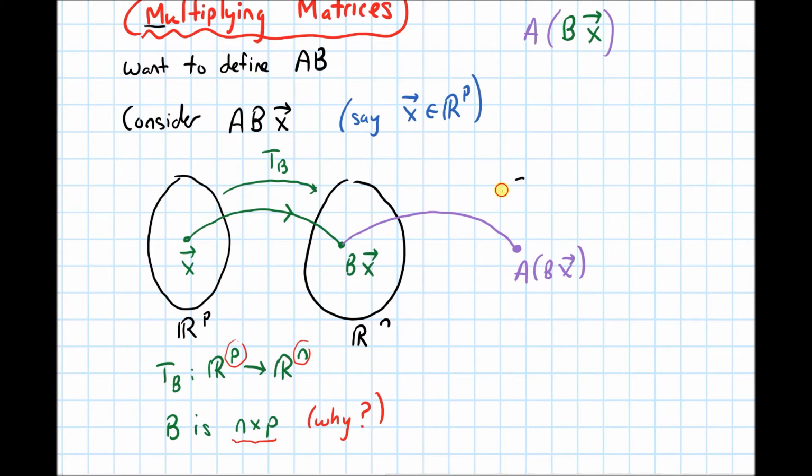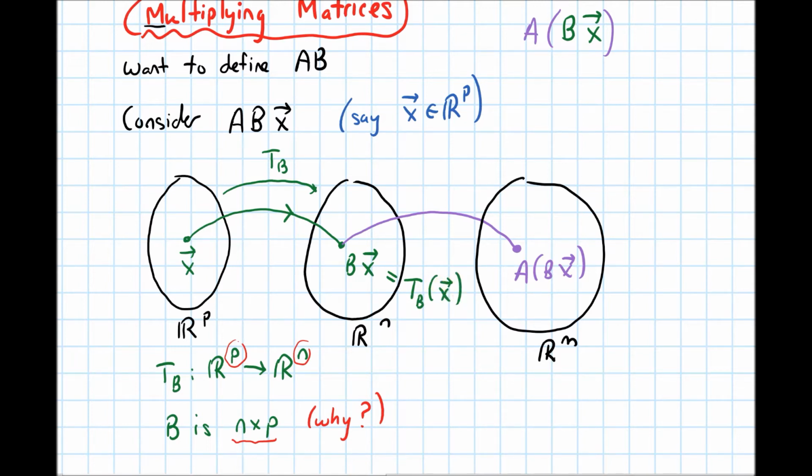Let's say that this is inside of Rm. So the vector A times B times x is inside of Rm. I forgot to mention this earlier, but B times x, we can think of as the same thing as taking the transformation T sub B and plugging x into that.